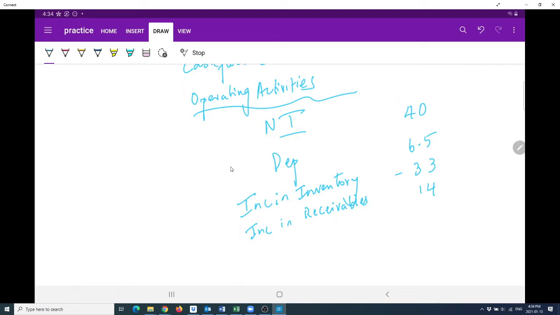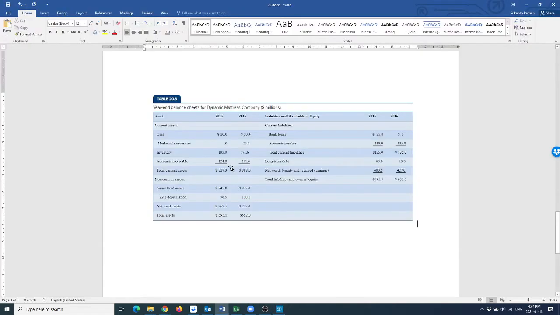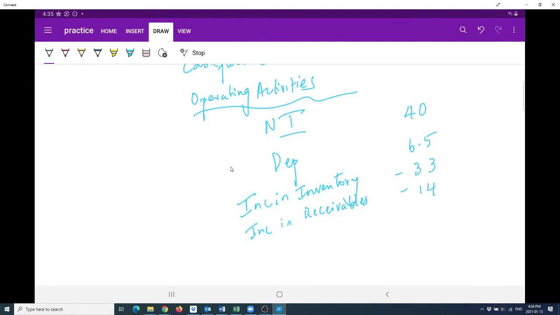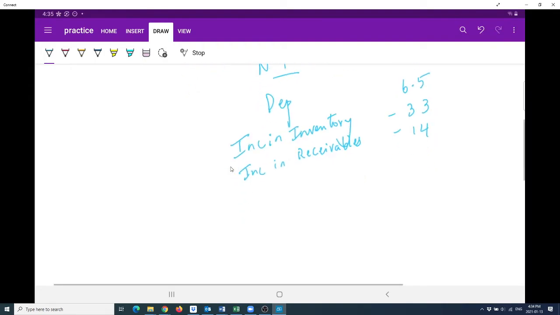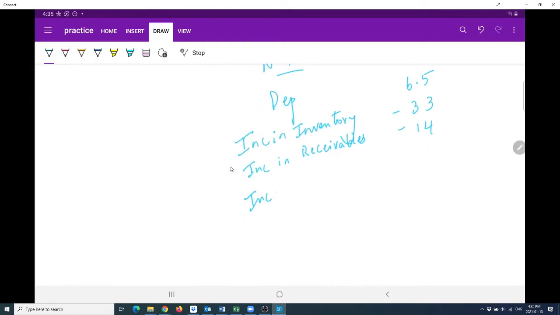Once again, if accounts receivable has increased by $14, that means you lost out on $14 worth of money. These are all in millions of dollars, I'm assuming. Yes, so 14 million.